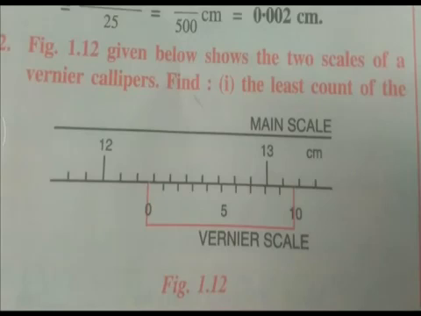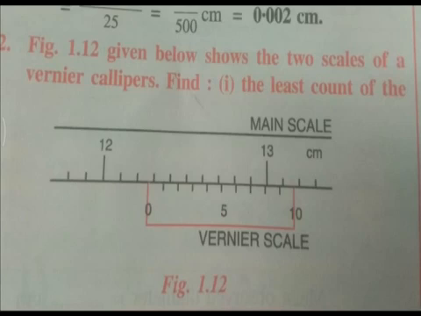Now I am taking another example over here of how to calculate the value. See over here, there are two scales, the vernier scale and the main scale given over there, and you need to find the least count as well as the reading, right? Now see how to take the reading. As I told you, you first need to take the main scale reading. See, the zero of the vernier scale is coinciding where?